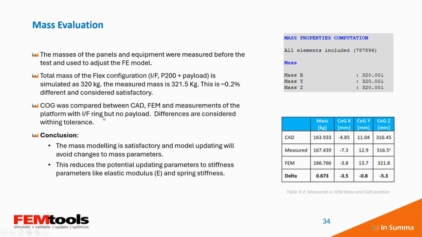So this is without interface ring and no payload, but here also the differences between CAD, measured and simulation are small enough to be acceptable. The conclusion is that mass modeling is satisfactory, and we will not have to include mass parameters. We also need to avoid mass parameters, because otherwise we will start to change something that is already good. So this means our updating parameters have to be stiffness only.